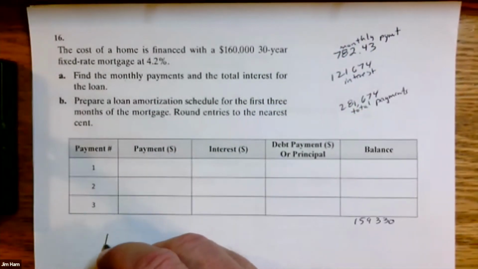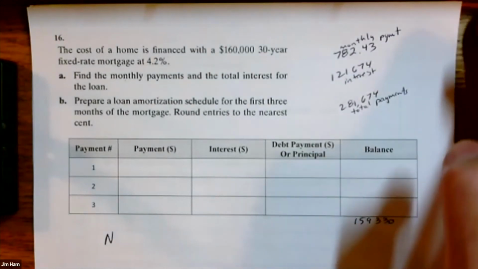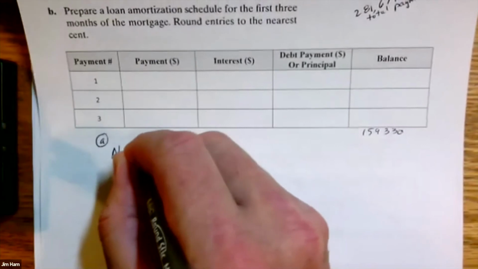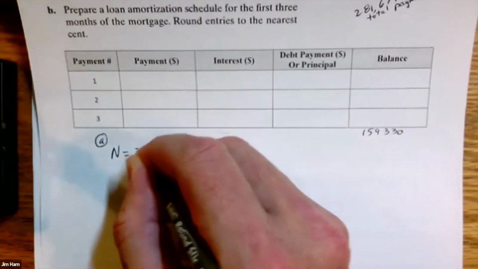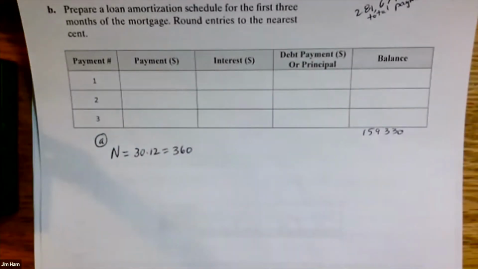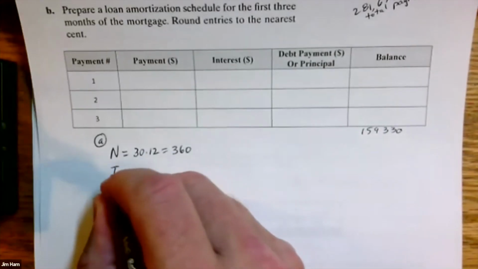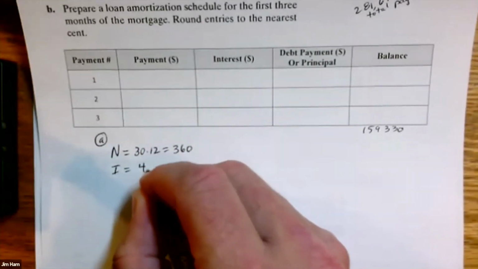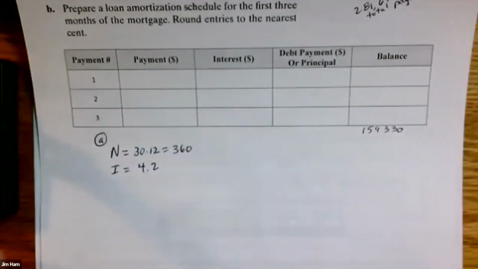All right, so down here. First, for part A, we're taking out a 30-year loan of monthly payments. You're going to find that 360 is a popular number that we use for N because a lot of mortgages are 30 years. Interest rate is 4.2.